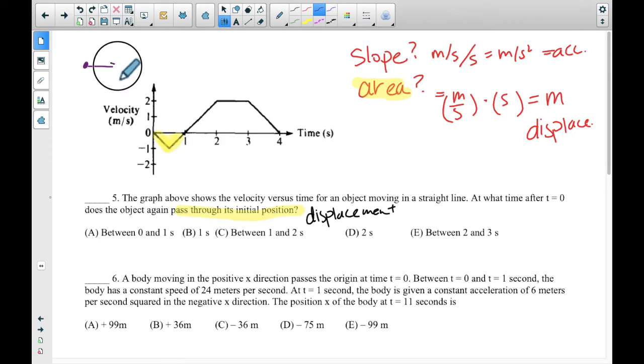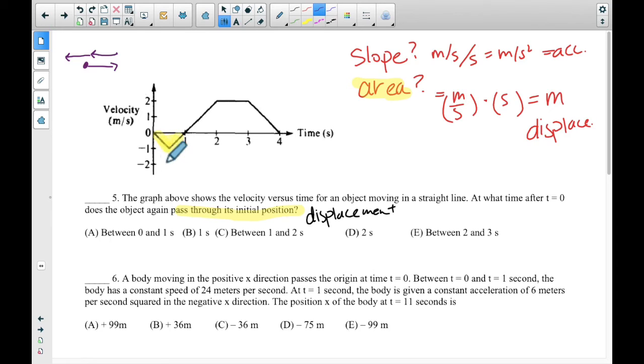So it's going this way, and then something happens, and it turns around, and then as it turns around, it's now turning this way, and then eventually it's going to pass where it started, and the question is, how long does it take for it to pass where it started? It's not a constant velocity.